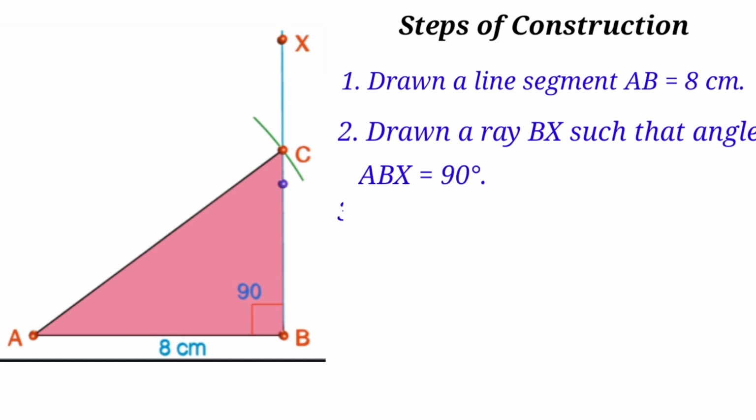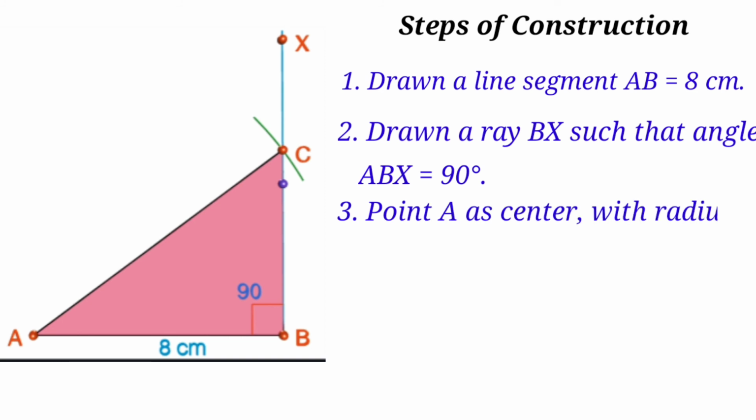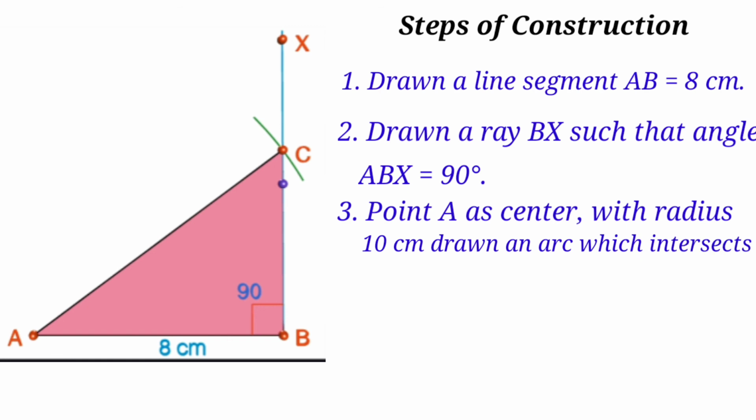So next, third step: with point A as center and radius 10 centimeters, drawn an arc which intersects the ray at the point C. So this is our third step.